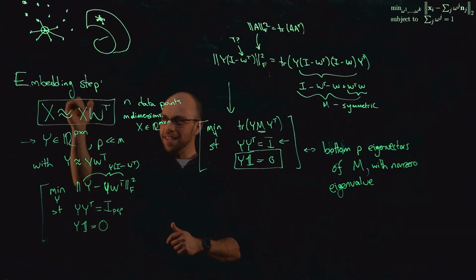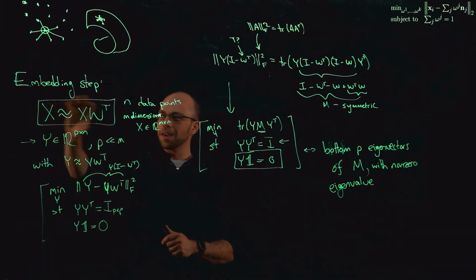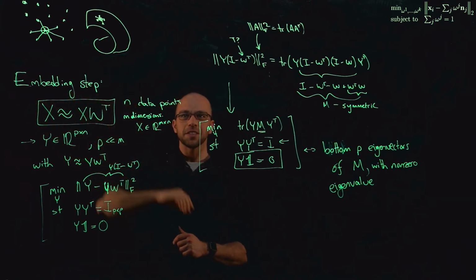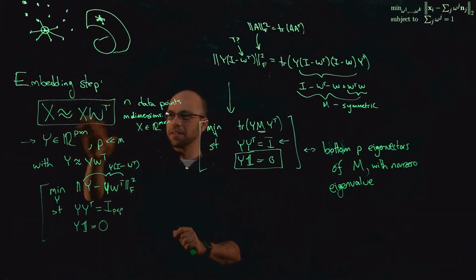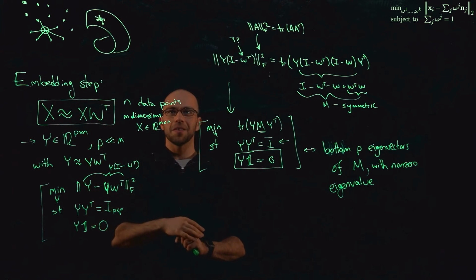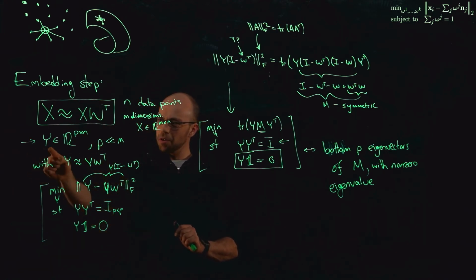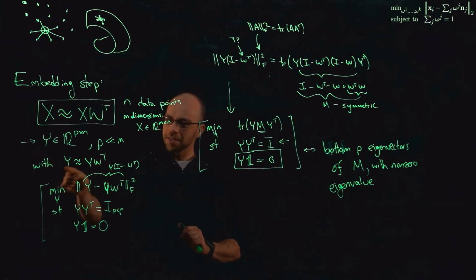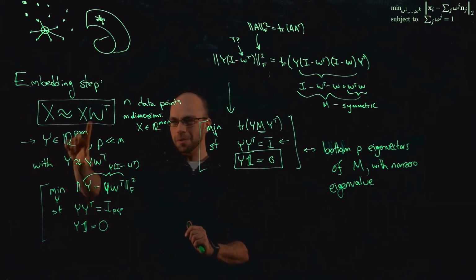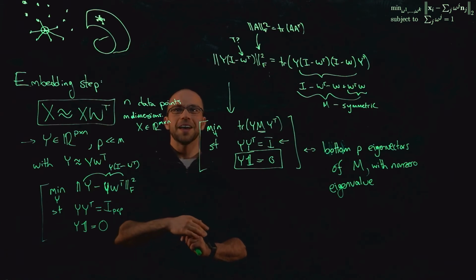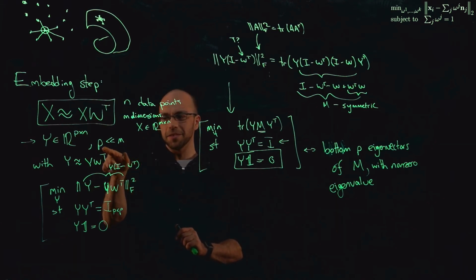Then in the embedding step of LLE, we say, okay, by construction, we have this relationship about X, and this is just an expression of how we wrote it down. Now we're going to compute a Y that satisfies the same approximate relationship, but we're going to force Y to have fewer rows. And that's going to be the dimensionality of our embedding, which is P.